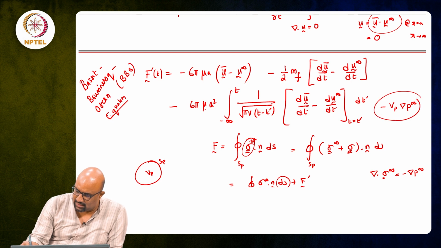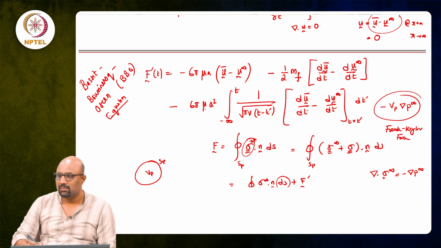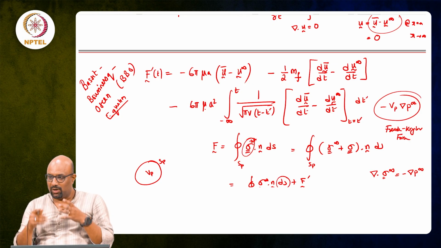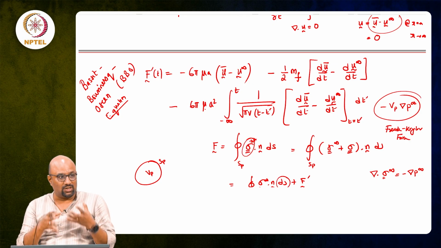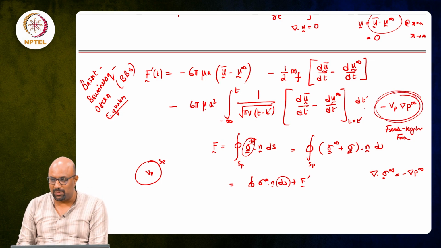And this particular force, which comes up a lot also in wave hydrodynamics, is known as the Froude-Krylov force. If you have a wave field and you are trying to find the force a structure experiences purely due to that unsteady wave field, you would be evaluating this particular term.